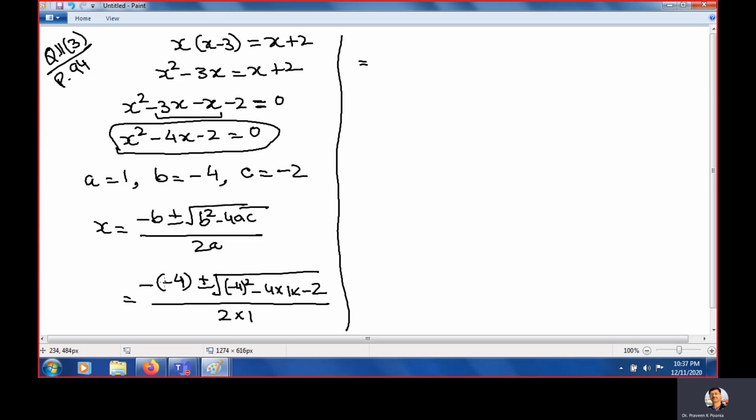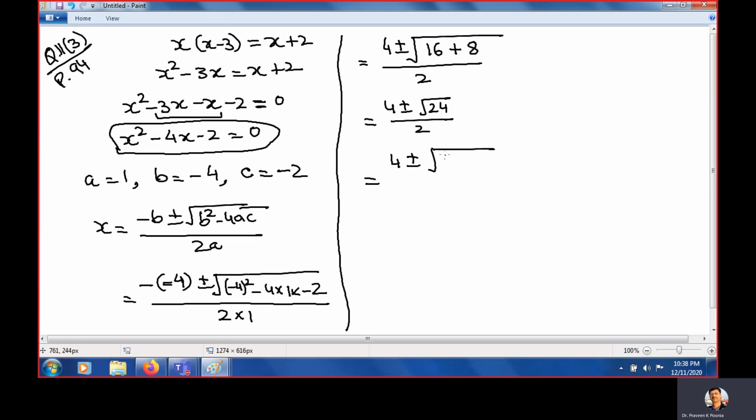Minus of minus 4 is plus 4, plus minus square root of 16 plus 8, upon 2 times 1 is 2. So 4 plus minus square root 24 upon 2.